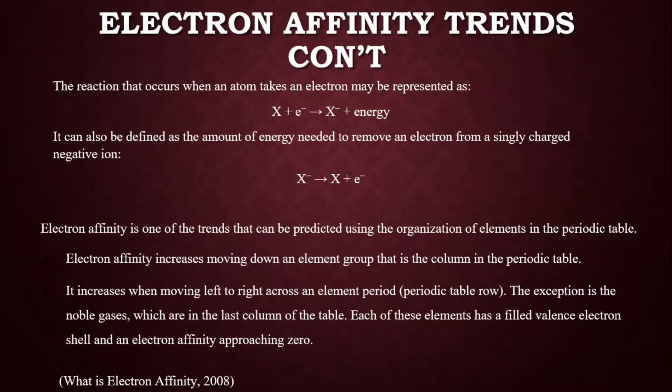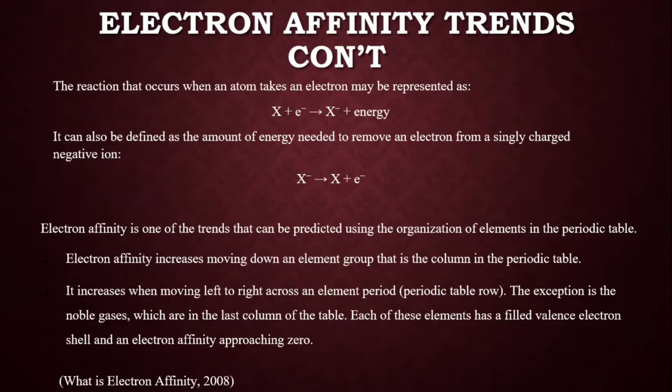Electron affinity is one of the trends that can be predicted using the organization of elements in a periodic table. It increases when moving down an element group, that is the column of the periodic table, and it increases also when moving from left to right across the element period.